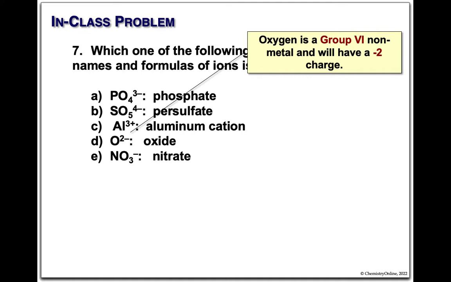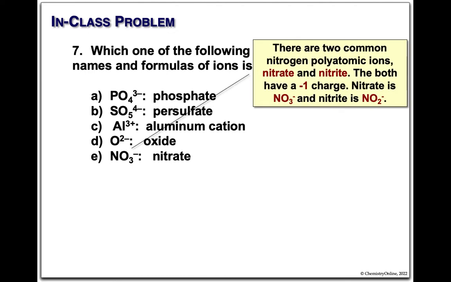Right there in group 6. It'll pick up 2 electrons. It's a -2. That's good. Nitrate, the parent of the nitrogen family. We remember that they're all -1, so that's right. NO3 is nitrate. The other common one is nitrite, NO2. Still -1.